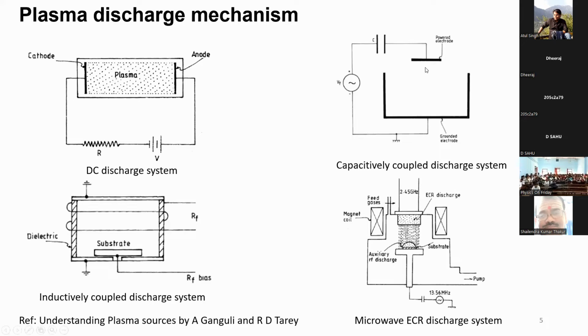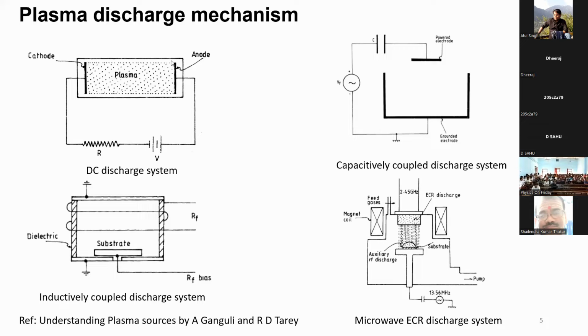As I said, there are different types of discharge mechanisms. We generate plasma in the laboratory, and these are some very common examples I have shown here. The first one is a directly coupled discharge system, where there are two electrodes, one negative and one positive.